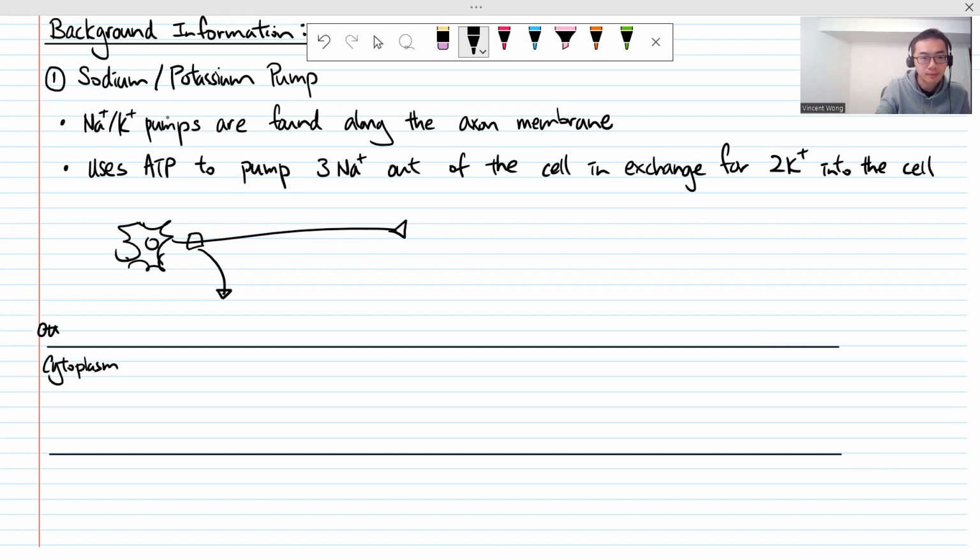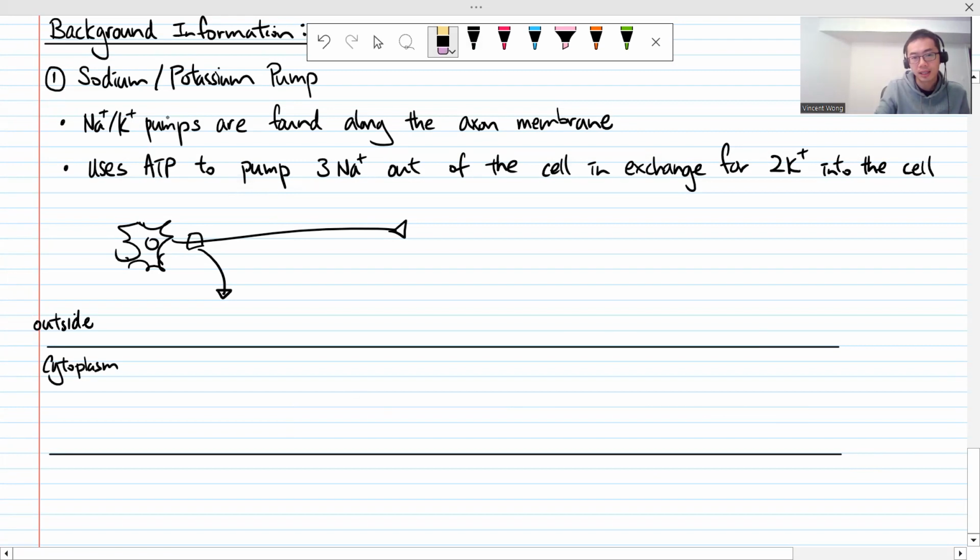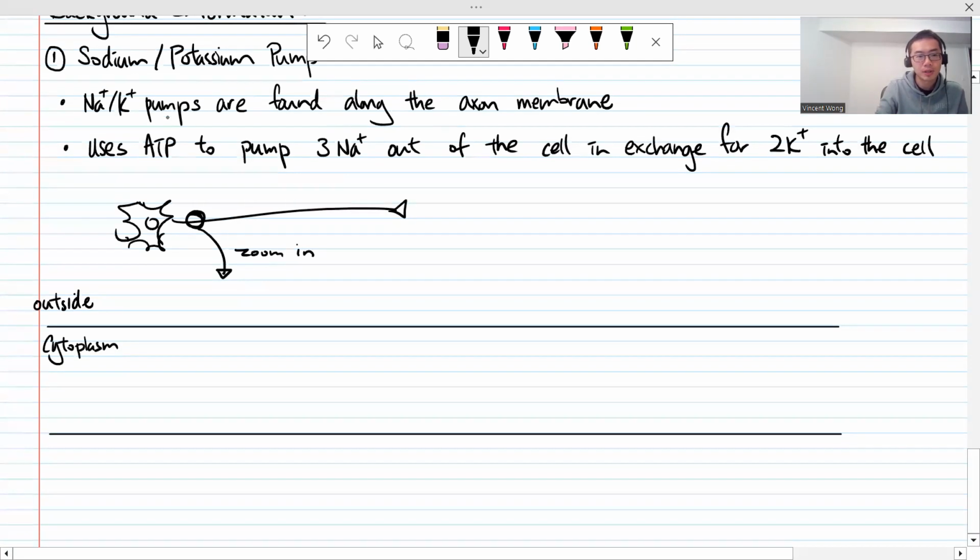This is the outside. Is it the axon we are drawing, Professor? Yes, this is the axon. This is the inside of the axon, and this is the outside environment. I'm basically zooming in here. This is also outside.